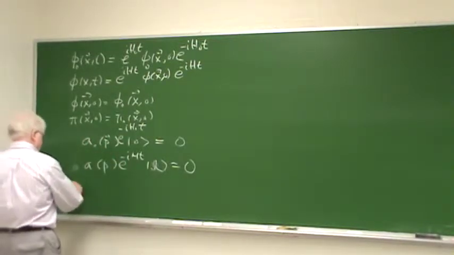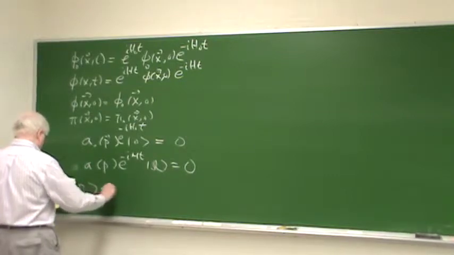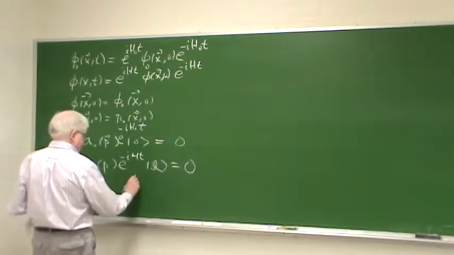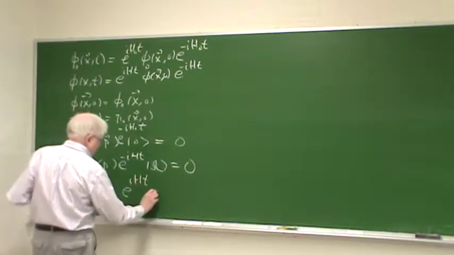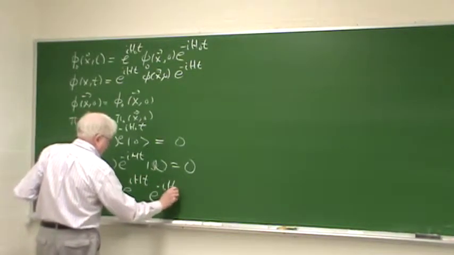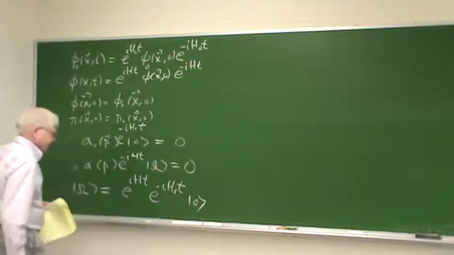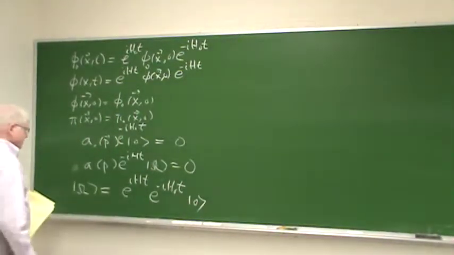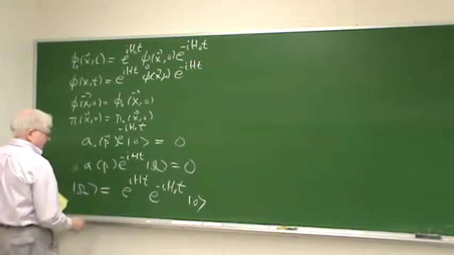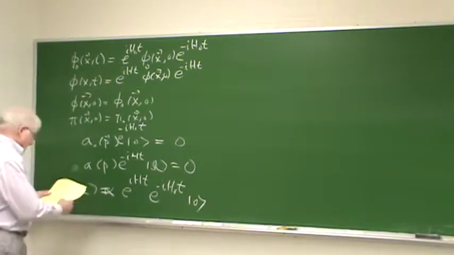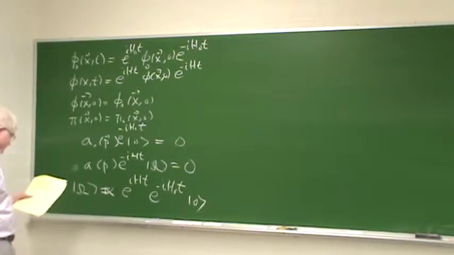say is that the interacting vacuum is e to the i H T, e to the minus i H0 t on the vacuum of the free theory, apart from perhaps an overall constant. So it's proportional, and the idea is that we've basically got two vacuums.